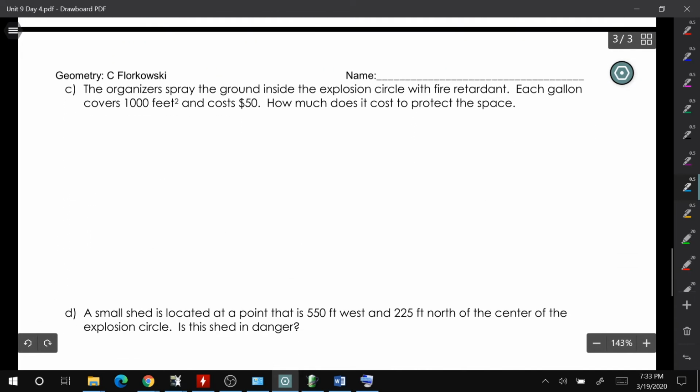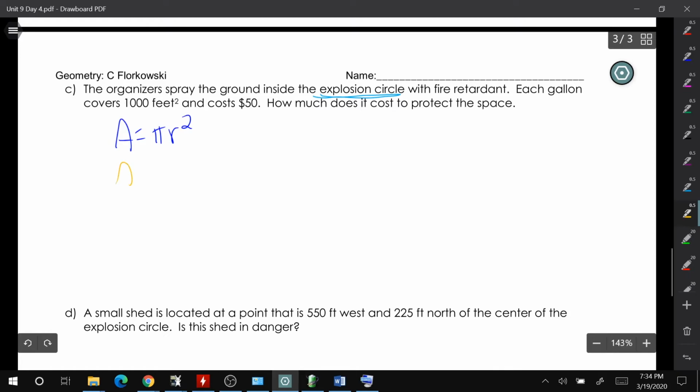Next page, it says the organizer sprays the ground inside the explosion circle with a fire retardant. Each gallon covers 1,000 square feet and costs $50. How much does it cost to protect the space? So we need to find the area of the explosion circle. Area equals pi r squared.